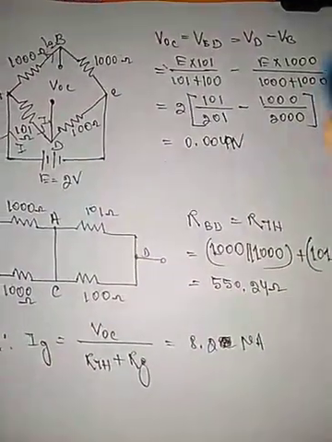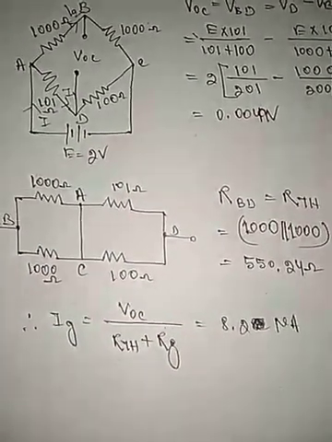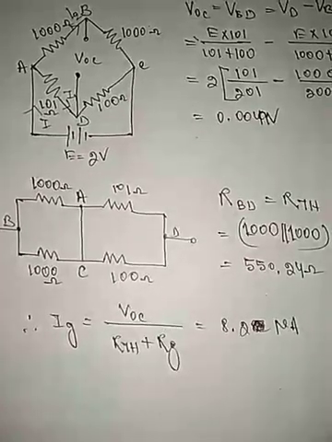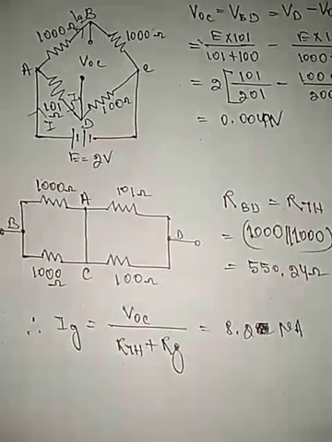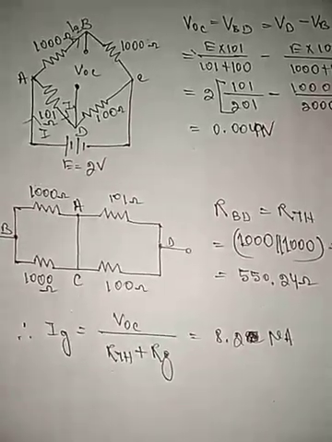Then you go for the calculation of Thevenin equivalent resistance, RTH. This is the total internal resistance of the Wheatstone bridge. So what is the procedure for finding RTH? We go back to the question circuit.